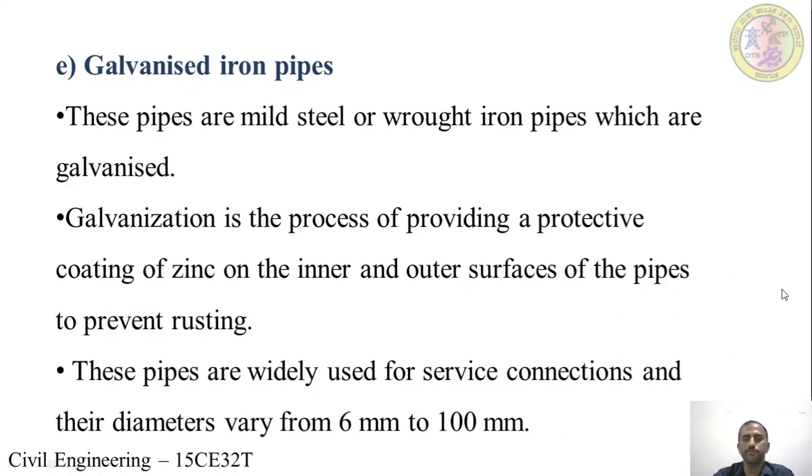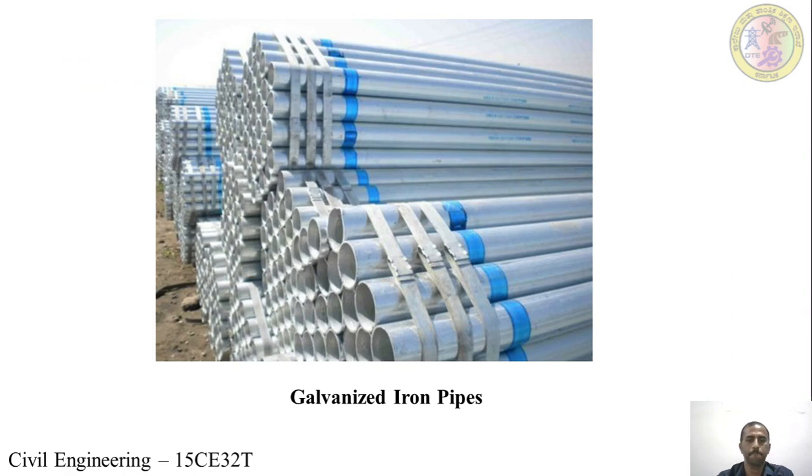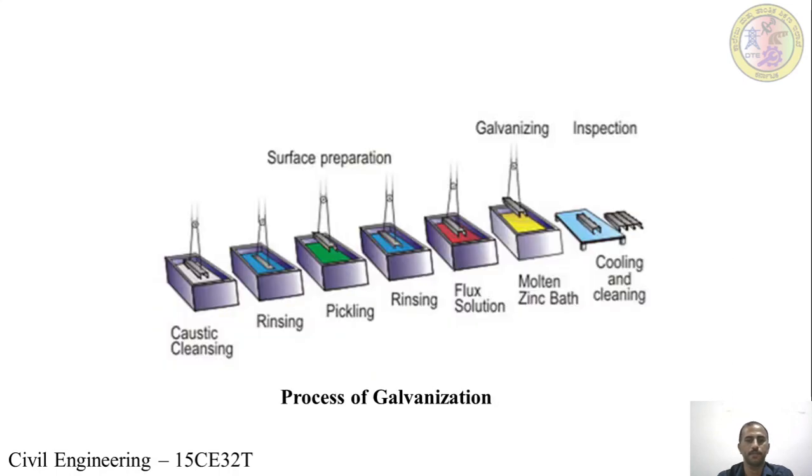These pipes are used for service connections and their diameter varies from 6 mm to 100 mm. The figure shows the bundled galvanized iron pipes. This is the process of galvanization.